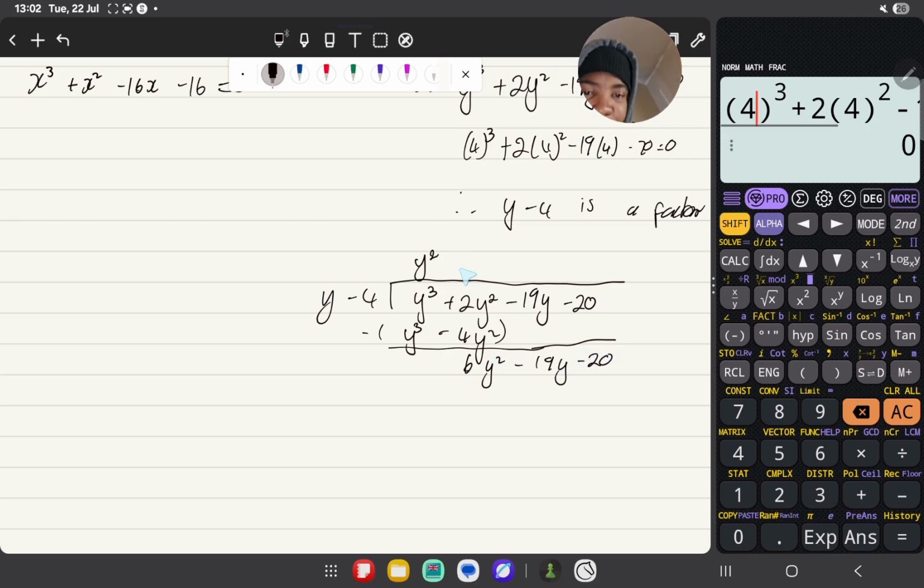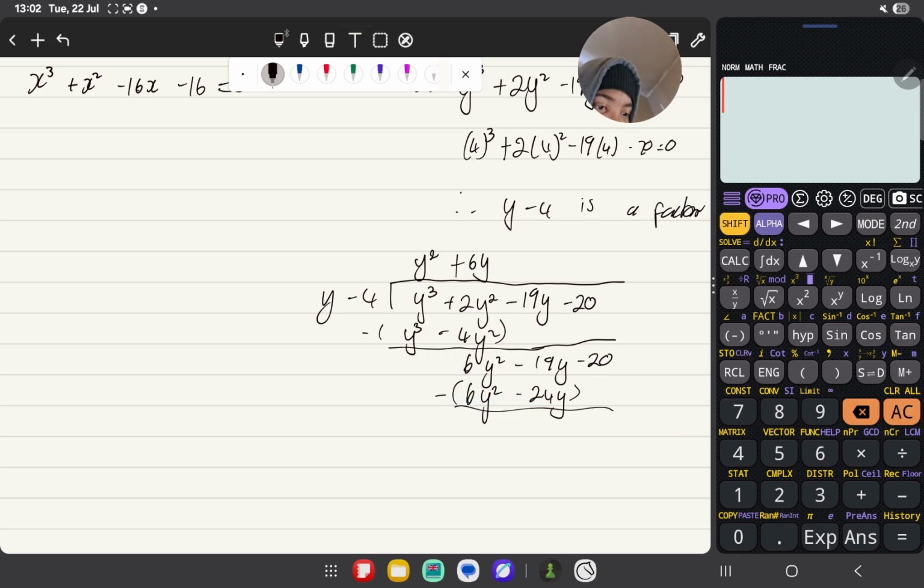We divide, you have plus 6y, multiply, 6y squared minus 24y. So minus, you get 0 here. Here this is positive, so it's like 24 minus 19, which is 5. So you have 5y minus 20.